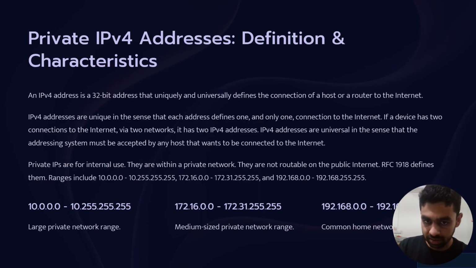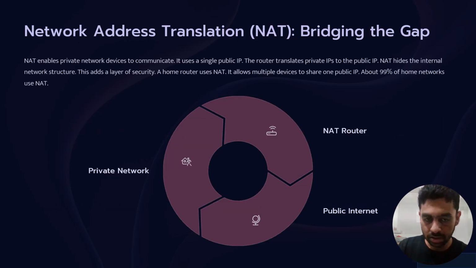So that was about the IPv4 public and private addressing concept in general. As we can see here, the NAT router is bridging the gap between the private and public network. There was a diagram in previous slides as well. The public network will assign an IP address to my router, and my router will establish a private network within its locality.